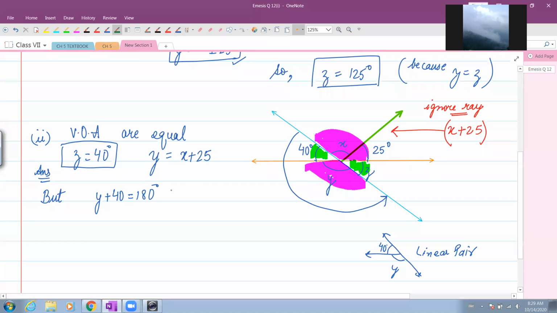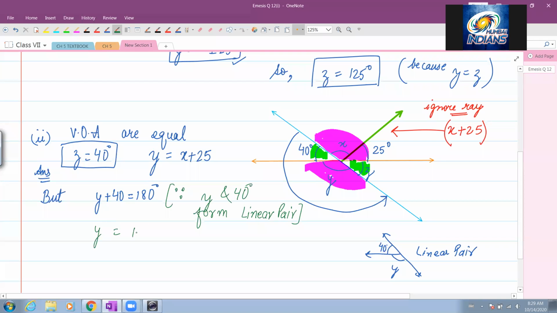And how have I written this? Because Y and 40 form a linear pair. Solve.